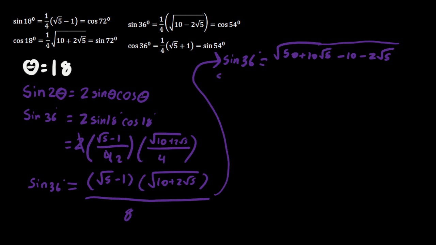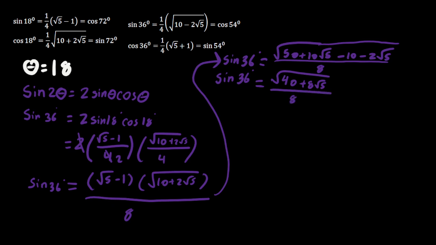So let's continue. Sine 36, hold on, I forgot to write over 8. And we can simplify this into square root 40 plus 8 root 5 divided by 8.